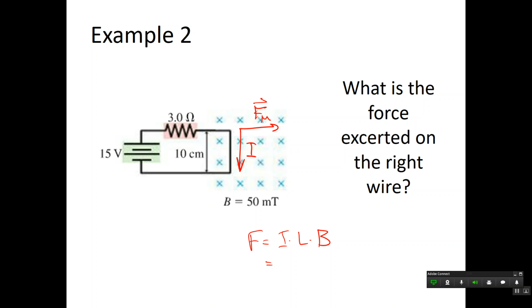All right, so let's see what we got for current. Used Ohm's law: 15 volts is equal to I times 3 ohms, and therefore I is equal to, what did you guys get? 5 amps, okay. Did you use your calculator for that? So 5 amps times the length.